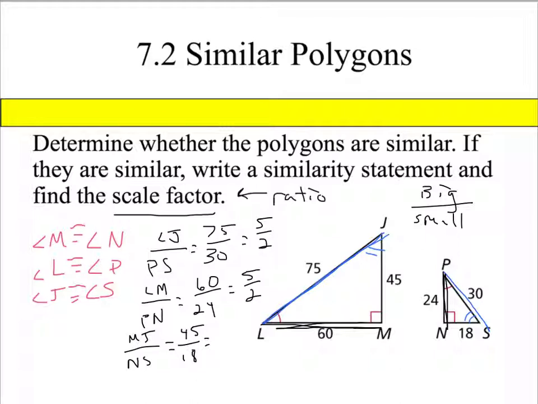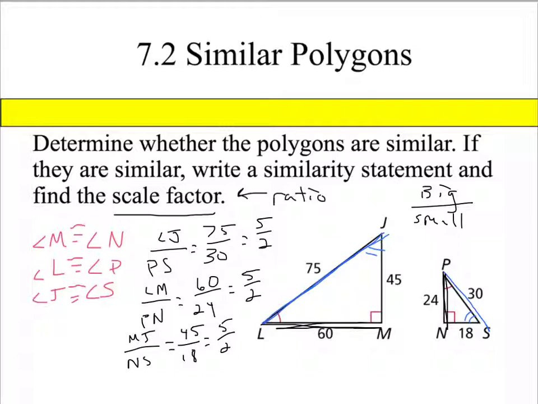And when you divide this, you can divide each one by 9, and it's going to be 5 over 2 again. So are these two triangles similar? Yes. Why? Because we have congruent angles, and the corresponding sides are the exact same ratio.